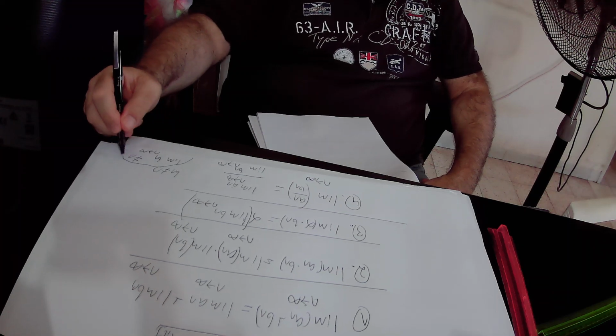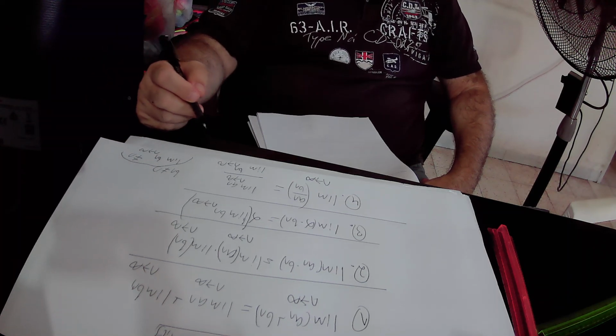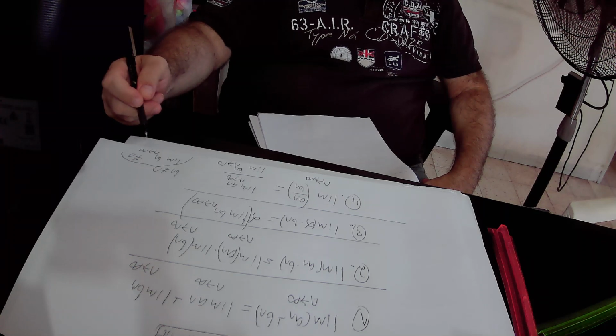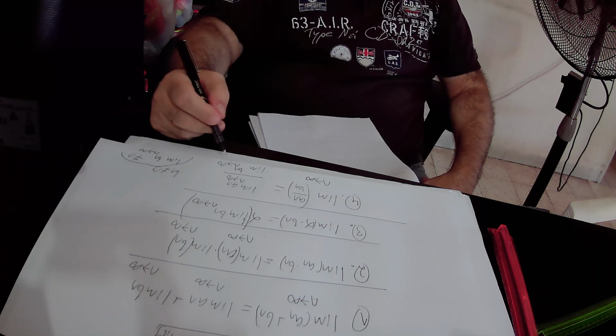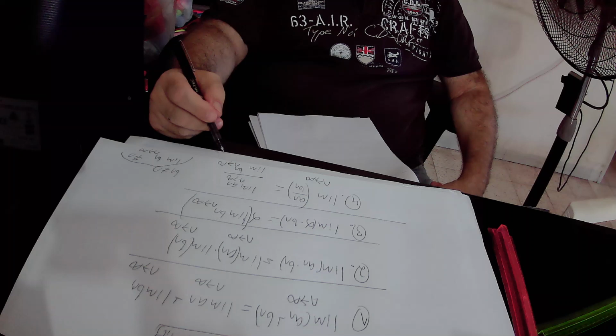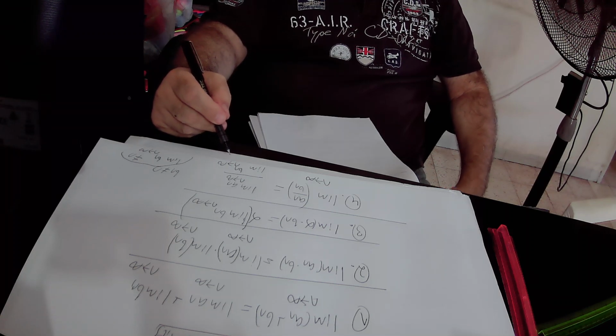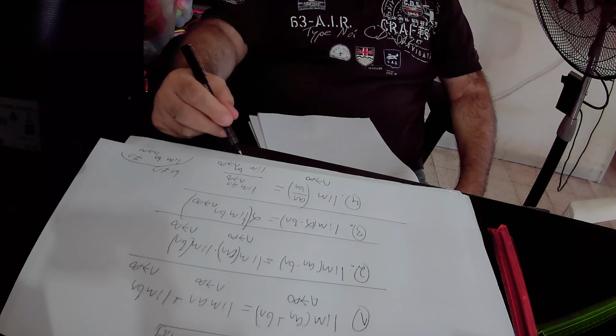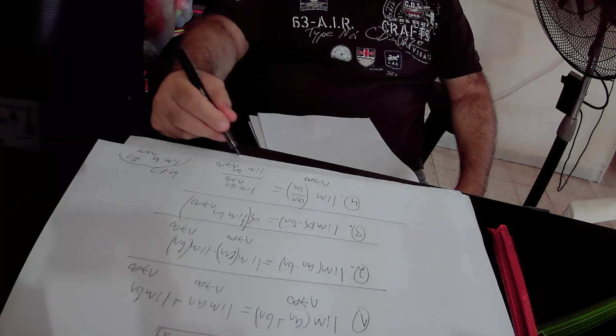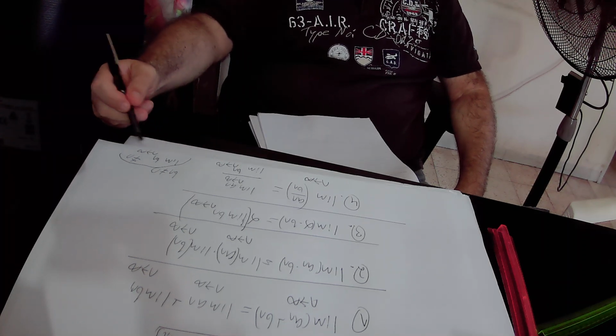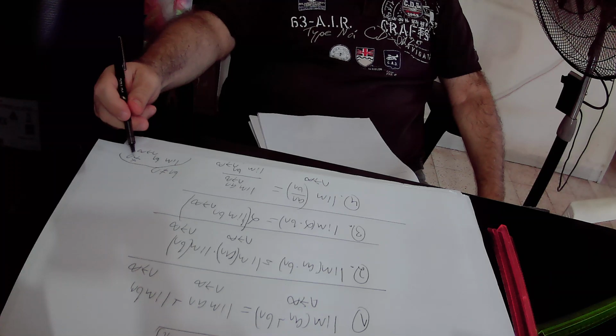Why? Because if the limit of Bn when n tends to infinity were equal to 0, then it means that we are dividing by 0, and it is not allowable to divide by 0. Therefore, the limit of Bn when n tends to infinity cannot be equal to 0.